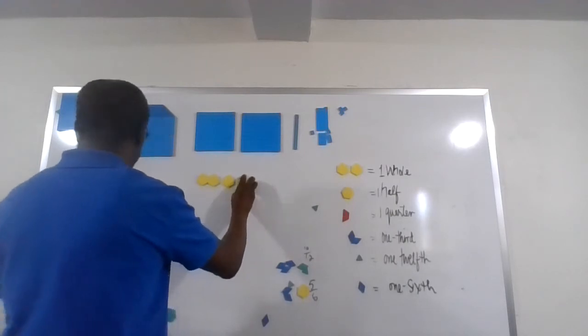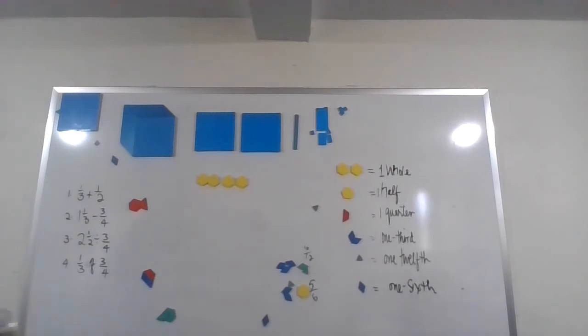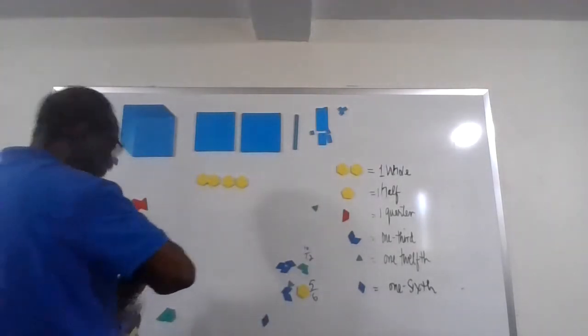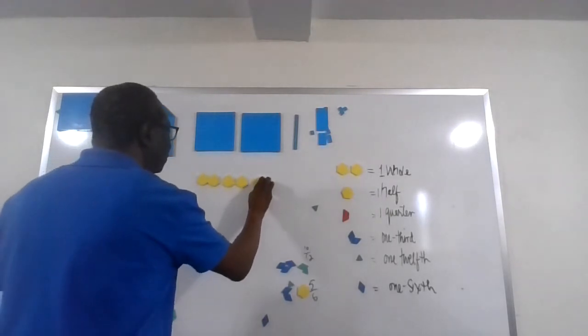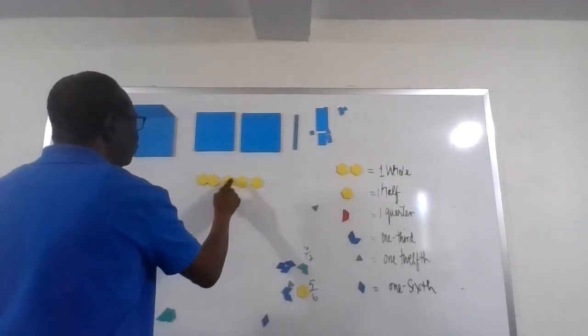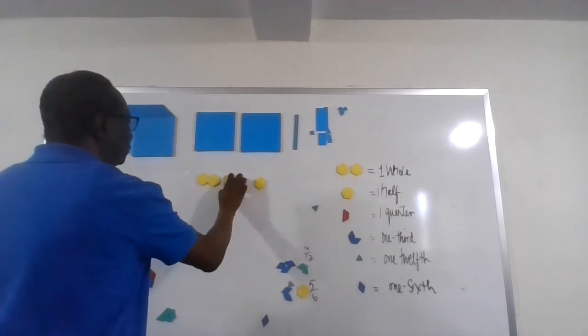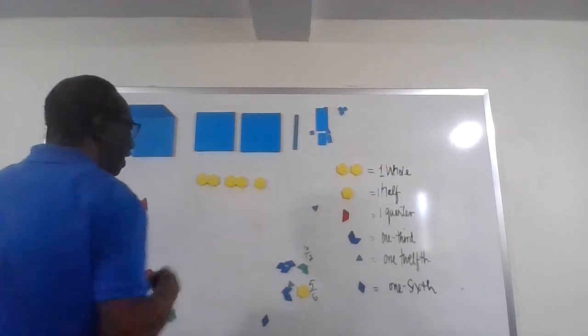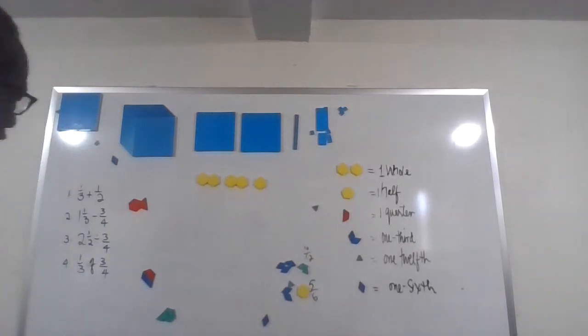That's 2.5. That would be 5 of them. 1, 2, 3, 4, 5. Whole, 2 wholes, 1/2. Now I want to divide by 3/4.